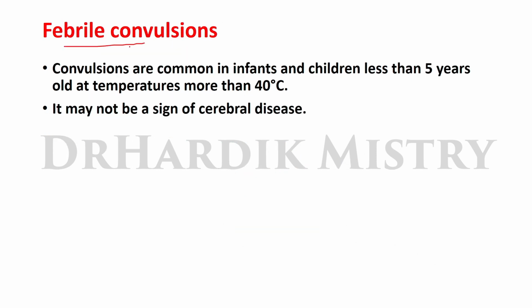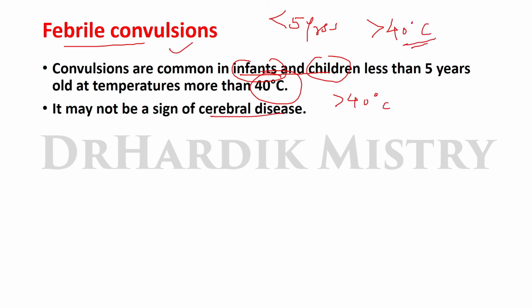Febrile convulsions. This type of convulsions is common in infants and children less than 5 years of age, and the temperature is more than 40 degrees Celsius. And this type of febrile convulsion may not be a sign of cerebral disease.